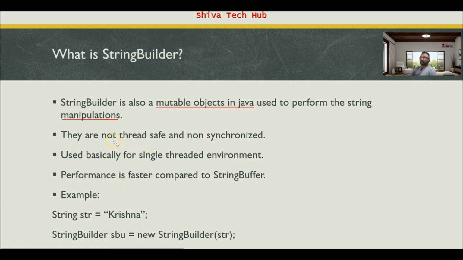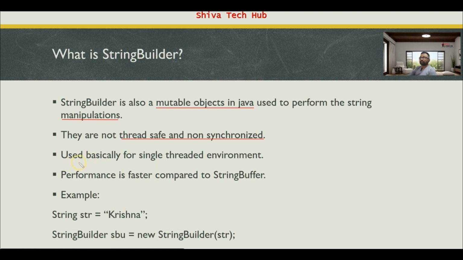StringBuilder is not thread safe and is non-synchronized. StringBuffer works for multiple threads, whereas StringBuilder works only for a single thread. Whenever you use a multi-threading environment, StringBuffer is the preferred way. If you want a single-threaded environment, you can use StringBuilder. If you don't want a threaded environment, you can use String. That is basically the difference between the three.